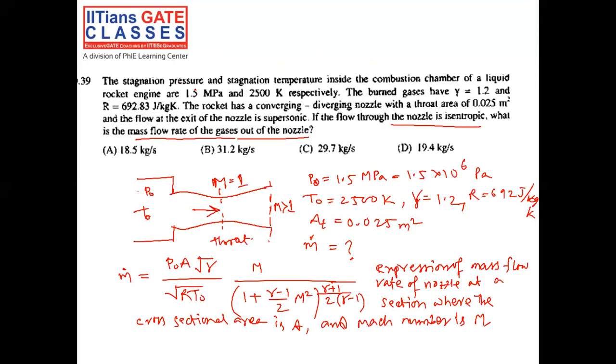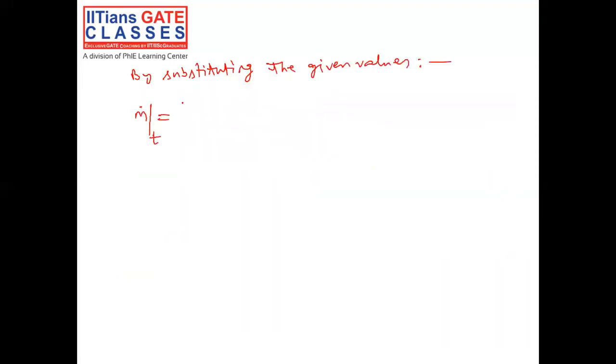So by substituting the given values, what we get is m dot at throat is P naught, which is 1.5 into 10 to the power 6, then throat area, which is 0.025, then under root gamma, 1.2, by root over of R T naught.